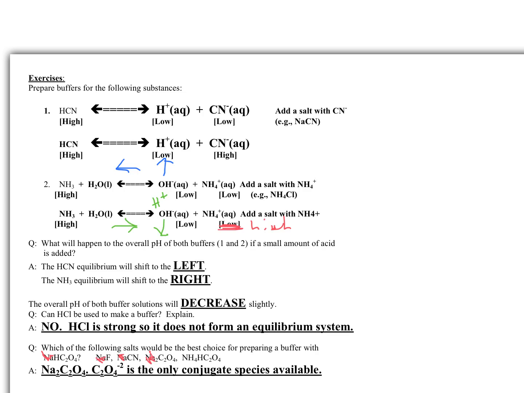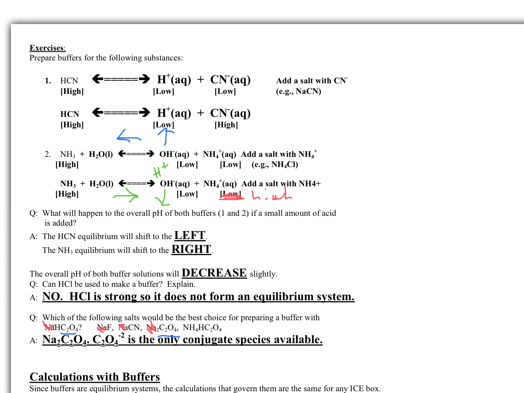Its conjugate would be what happens once it loses its hydrogen, and therefore we're looking for C2O4. So NaC2O4 is the conjugate species from what we were given. So this would be a perfect salt to create a conjugate for this acid. And therefore, by having a high concentration of both of these, you would create a buffer solution.